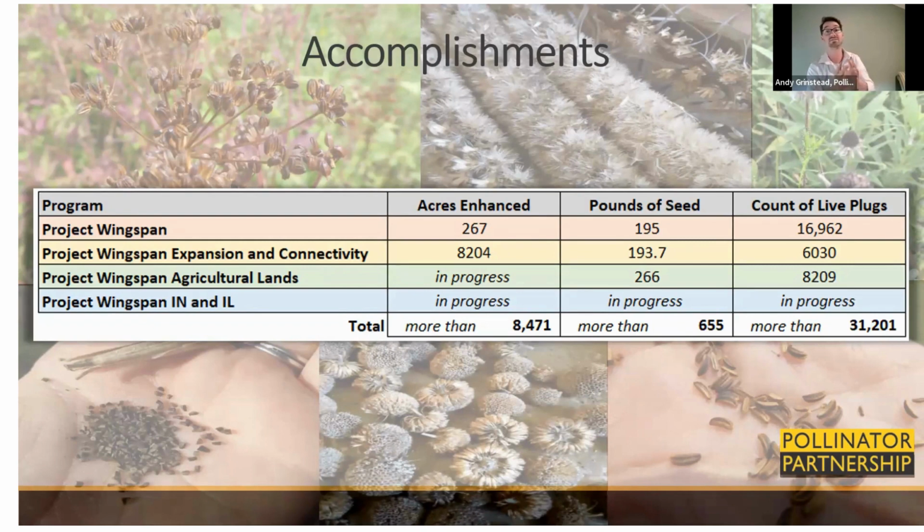This is the pounds of cleaned seed without sticks, without leaves, just the seed. So I feel the numbers are quite impressive in that regard. And then followed by a count of live plants that have been distributed to real projects. They're in the ground, they're working to restore and enhance habitat.